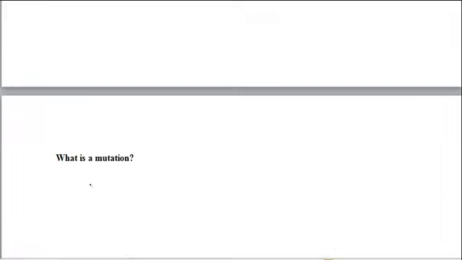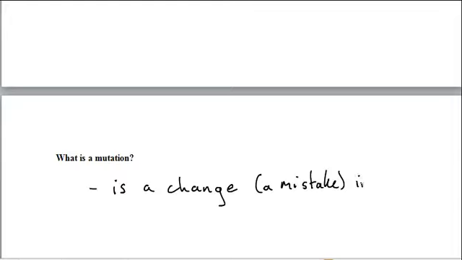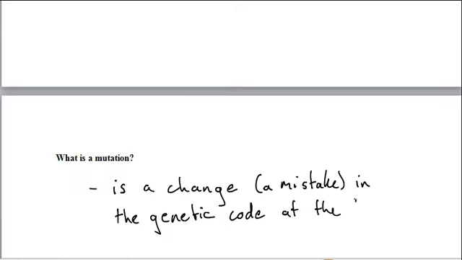But the key is that a mutation is a change, typically a mistake, in the genetic code at the DNA level.